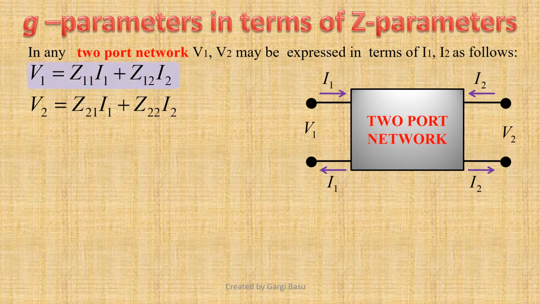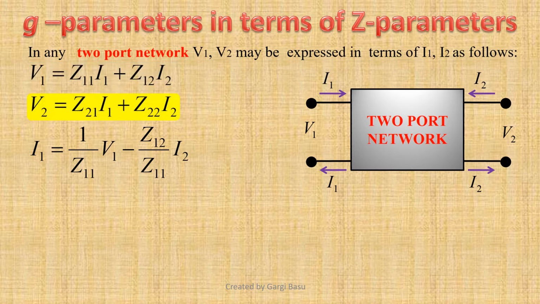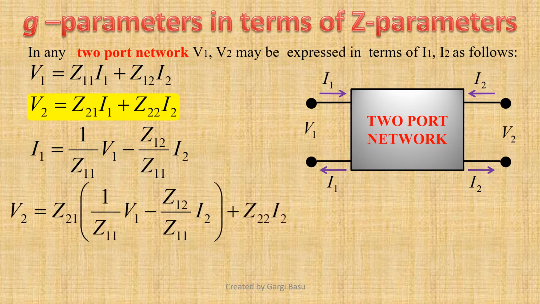Now rearranging equation number 1, we get I1 equals 1 upon Z11 times V1 minus Z12 by Z11 times I2. Now using this expression in equation number 2, we can write V2 equals Z21 times 1 upon Z11 times V1 minus Z12 by Z11 times I2, plus Z22 times I2.